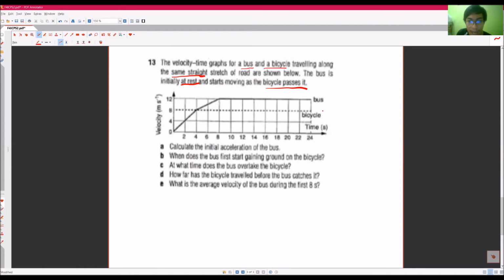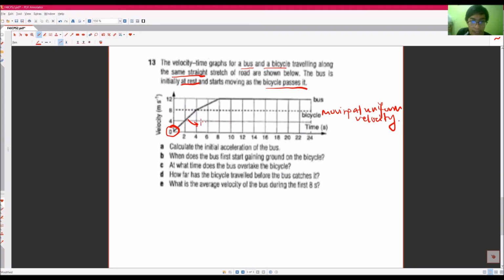Basically the bicycle is moving at constant velocity, it doesn't change its velocity throughout the journey, but the bus is starting from rest and then increasing its velocity uniformly here.